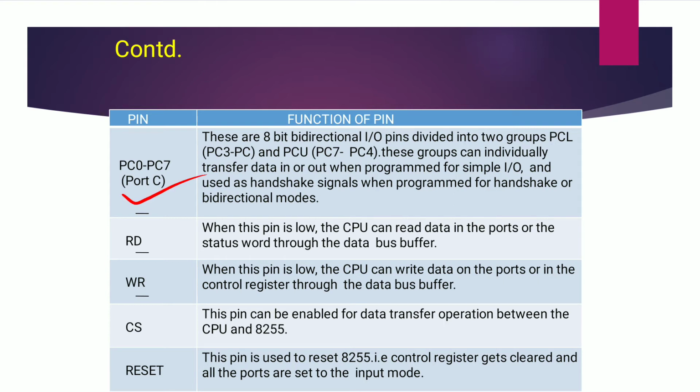Now port C. This is also 8-bit, but it is divided into two parts, 4-bit port C upper and 4-bit port C lower. PC0 to PC3 is port C lower, and PC4 to PC7 is port C upper. It also acts as either input or output line depending on the control word.